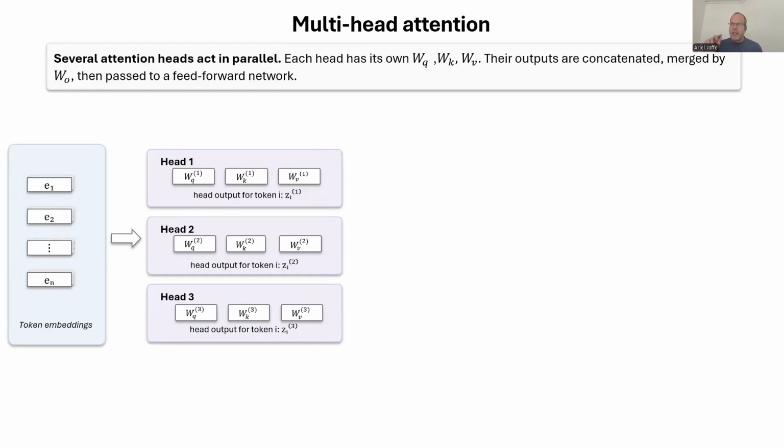Now, notice that every attention head has its own output. So if the input consists of a single embedding for each token, after the attention heads, if we have three heads, then we have three representations for each token, each one computed by the attention mechanism with three different matrices, WQ, WK, and WV.